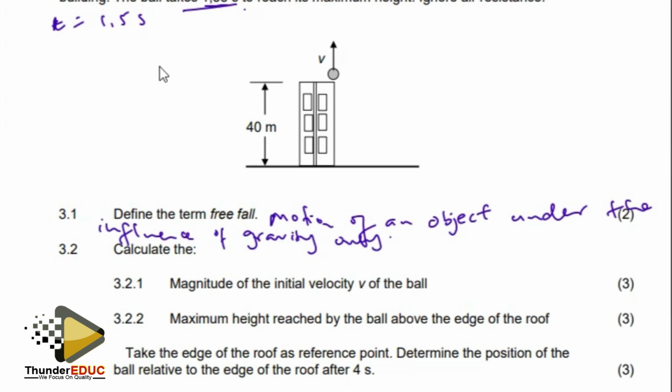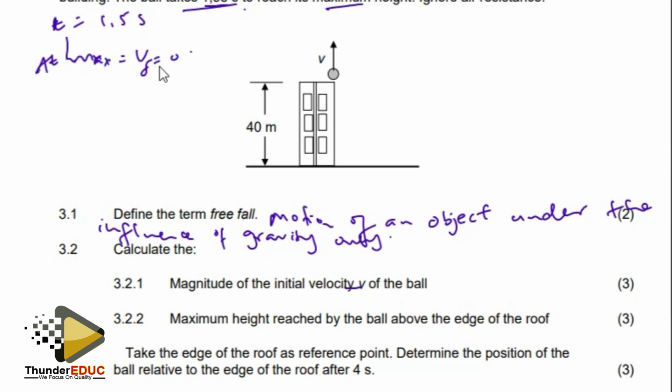Then 3.2.1, calculate the magnitude of the initial velocity v. So it takes 1.53 seconds to reach the maximum. So we know that at maximum height, the final velocity must be 0.